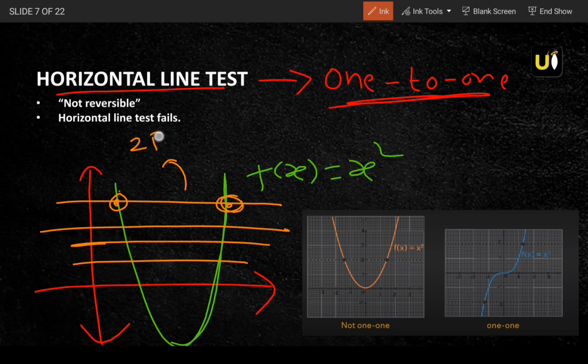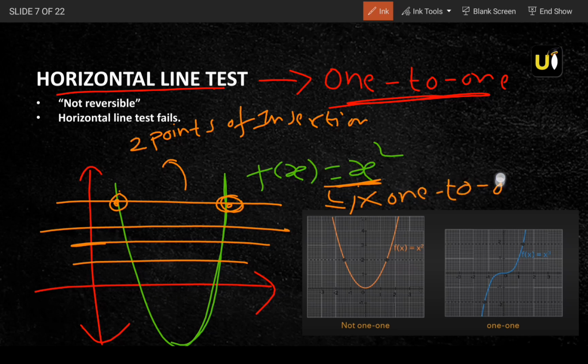Here we are having 2 points of intersection. That means f of x equal to x square is not a one-to-one or injective function.